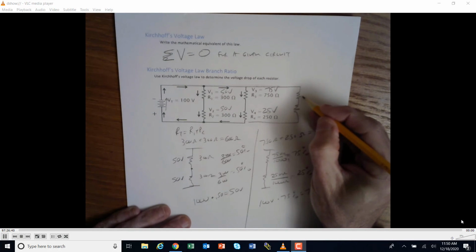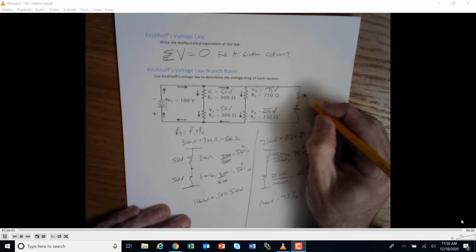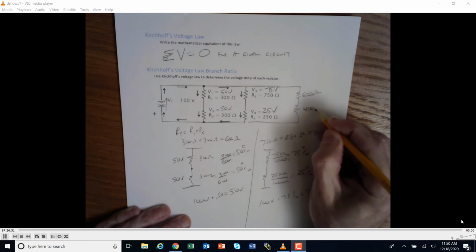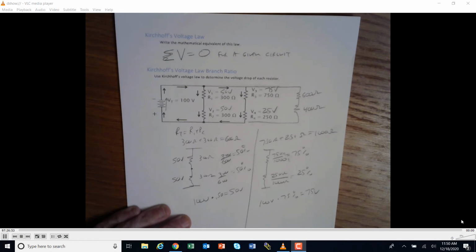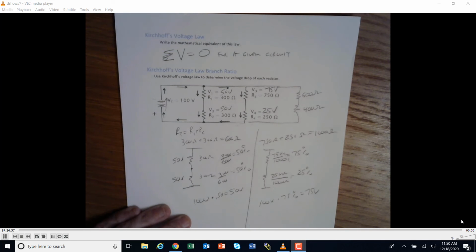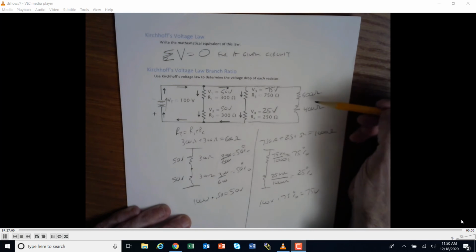We could maybe do thirds here. No, let's just do 600 ohms and 400 ohms. We'll keep it simple. How much voltage is each one of these dropping? Well, we know that these add up and make 1,000 ohms.